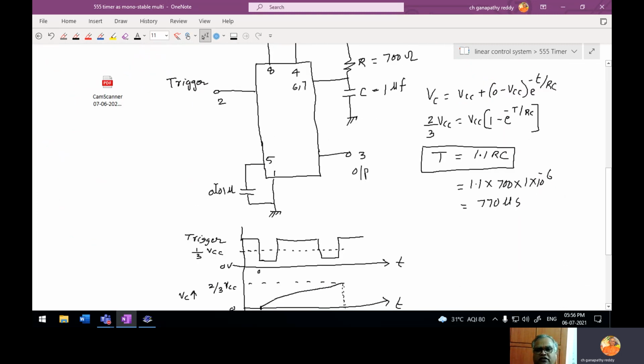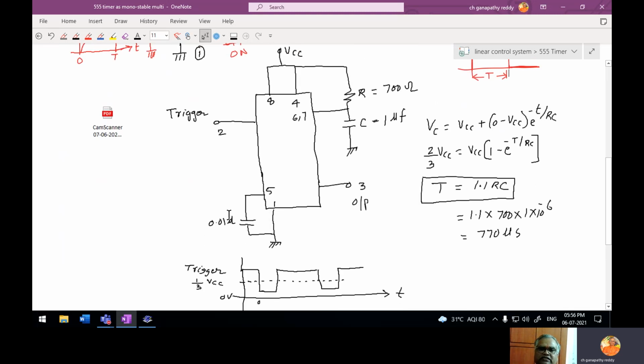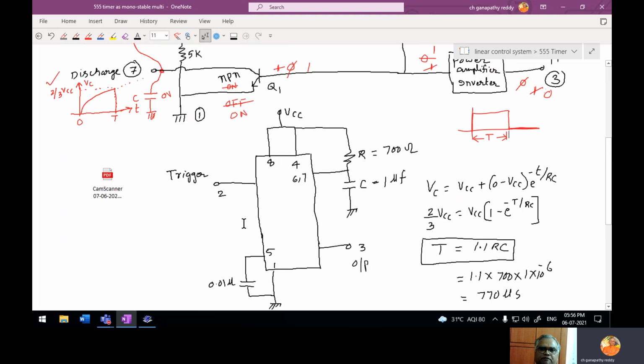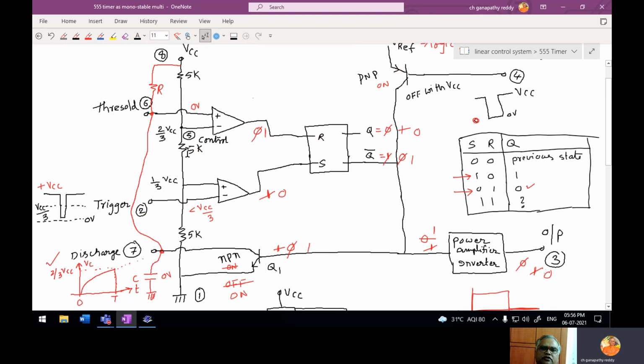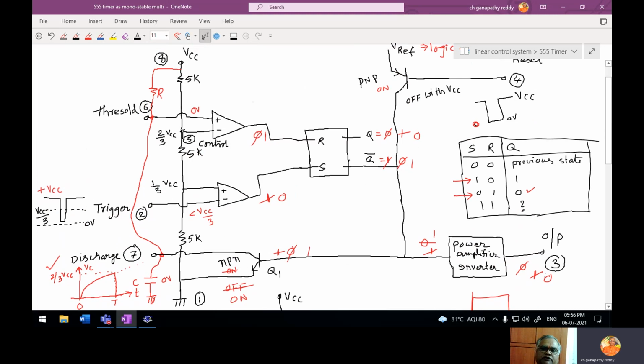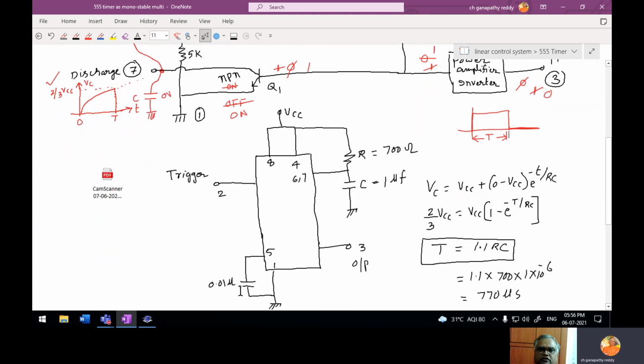At higher frequency, what is the capacitor reactance? It will be very, very low. So those spikes will be discharged through this capacitor. If there are any variations, they will be discharged through the capacitor. It's a fixed value of 0.01 microfarads.